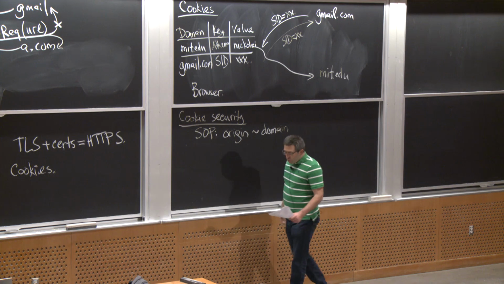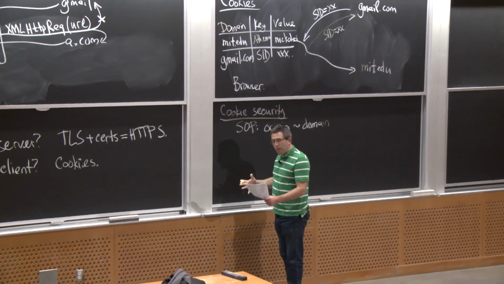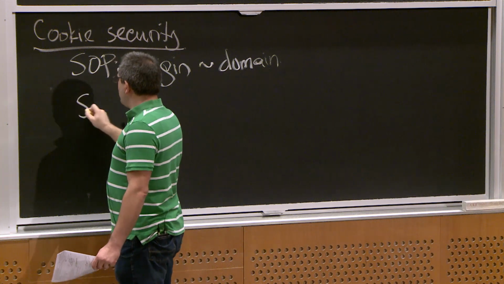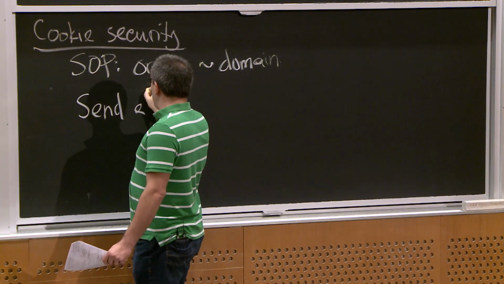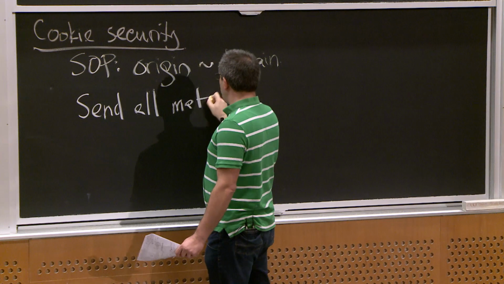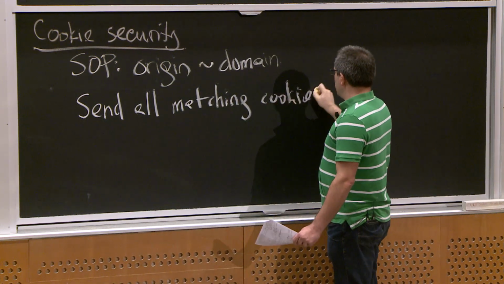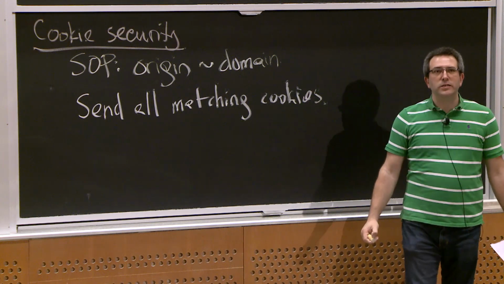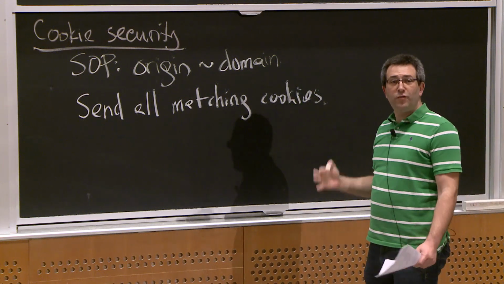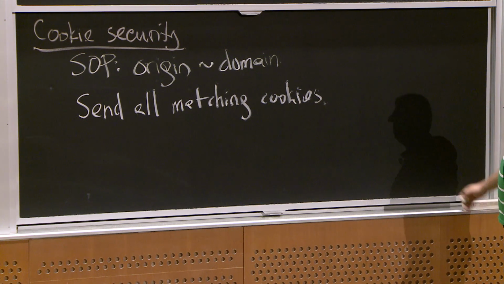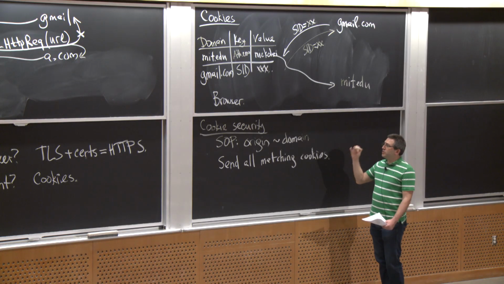So the general rule for how cookies get used is that you send all matching cookies on every request. Whenever your browser issues a request to a particular web server, it's going to attach all of the cookies for that server's origin that it is storing.